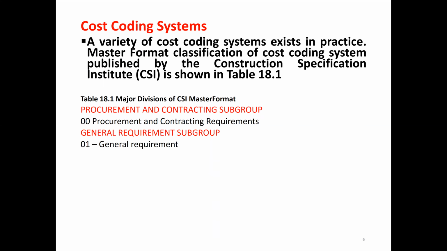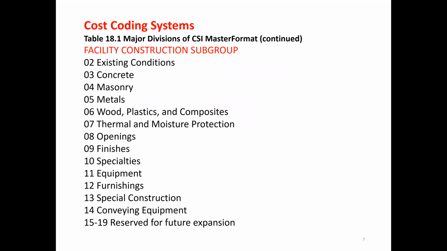See the major divisions: 00 is the procurement and contracting requirements subgroup. The general requirements group is 01. Then we have the facility construction subgroup.